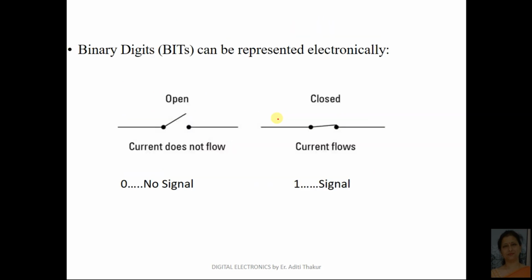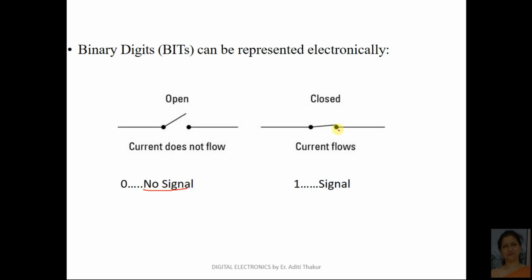This can be explained using this diagram. Now, how can we represent it electrically? This is an electronic switch. This switch is in open condition and this switch is in closed condition. Now, the open condition can be represented in the digital form by 0, or we can say it is representing no signal.